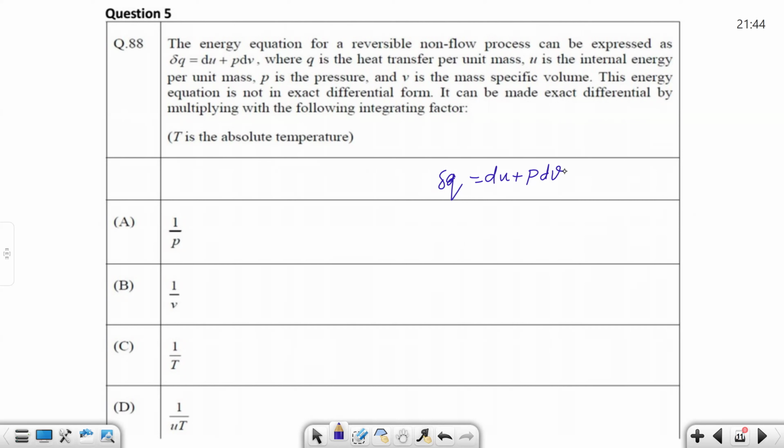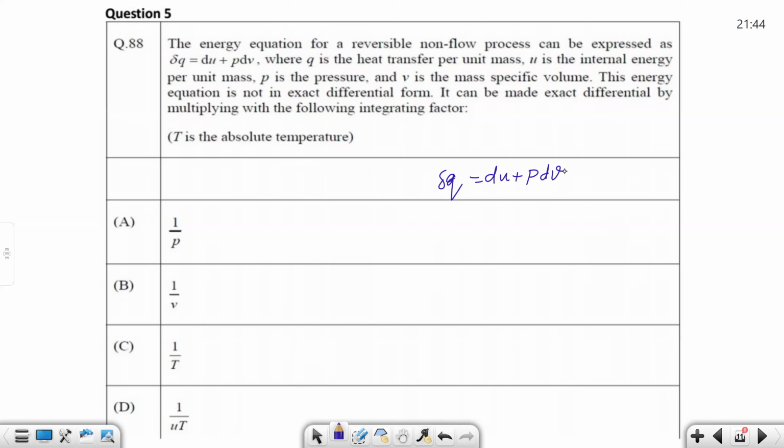So why is this equation not exact? U, internal energy, is a property, P is a property, dV is a property change. But Q is not a property, Q is a path function. That is why this equation is not exact.